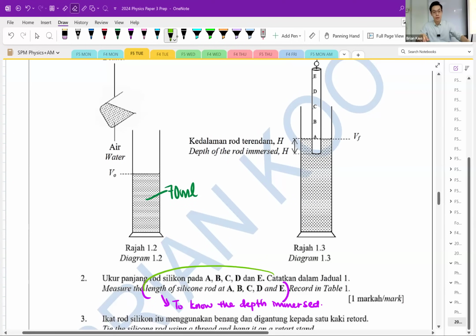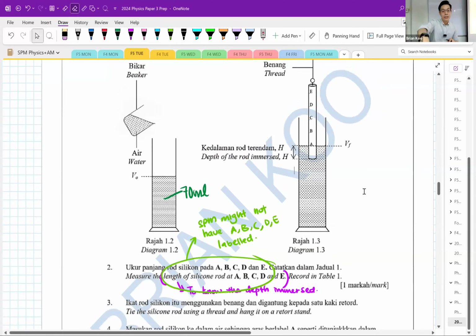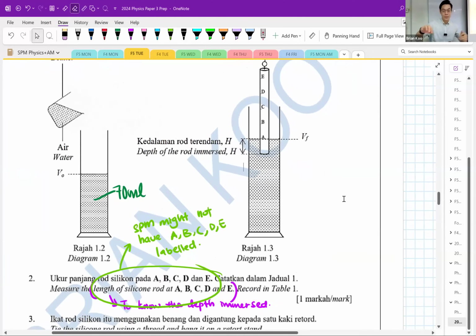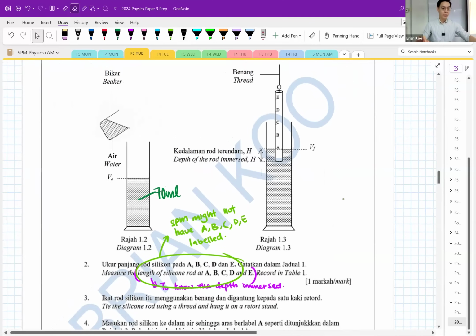And also, you see on this silicon rod it is already labeled ABCD. SPM might not have ABCD labeled. Okay, what I feel will happen is you might get a long object that has a reading on it.